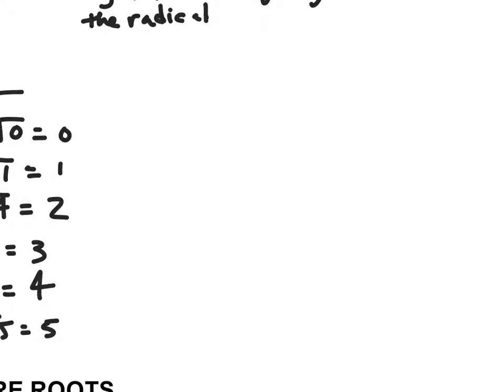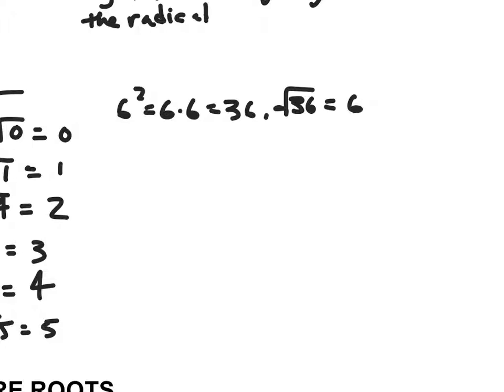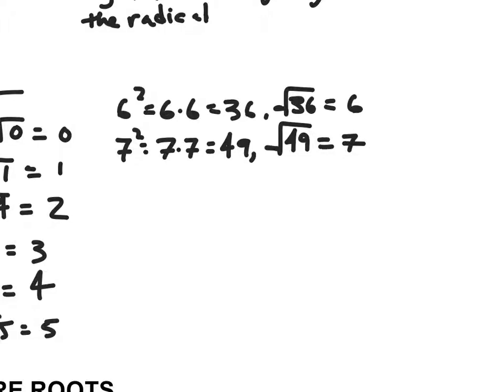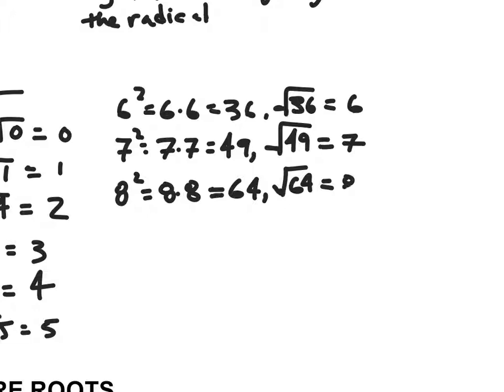Let's do the next one. 6 squared means 6 times 6, which gives me 36, so the square root of 36 brings me back to 6. 7 squared is 7 times 7, which is 49, so the square root of 49 brings me back to 7. 8 squared is 8 times 8, which gives me 64, so the square root of 64 gives me 8.